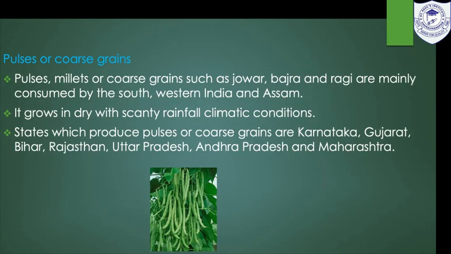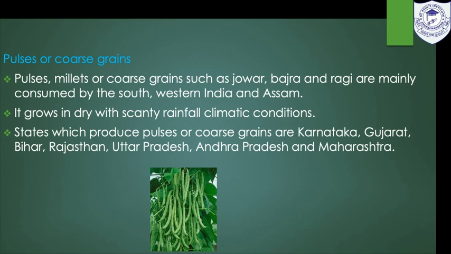Next, pulses or coarse grains. Millets or coarse grains such as jowar, bajra, and ragi are mainly consumed by southwestern India and Assam. Even me, I am not very familiar with this jowar, bajra, and ragi because it is not our staple food. And then pulses, of course, like beans, peas, lentils, we have it, right?